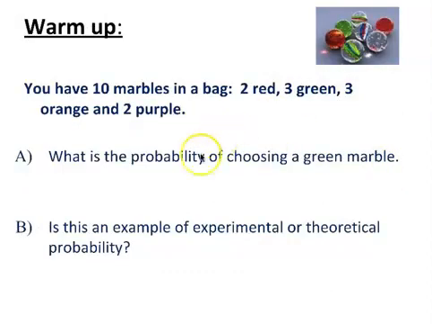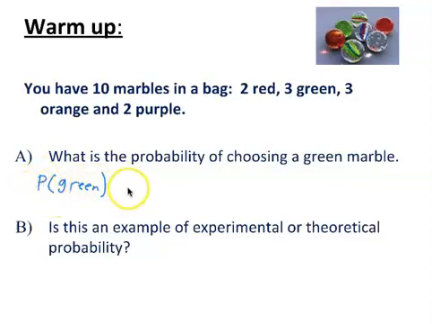All right, so the first question we were asked was to find the probability of choosing a green marble. So just a reminder of the notation that we've been using for probability. If I were going to write this in probability notation, I would use a capital P, and then I'm just going to put green. I don't have to put green marble. If you want to, you can, but what is the probability?